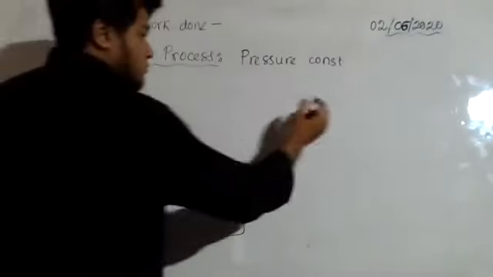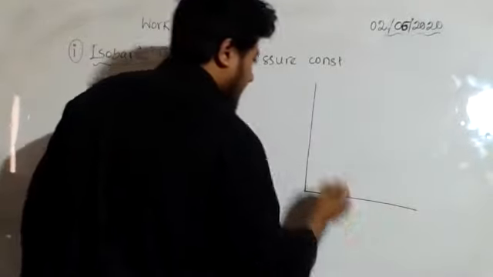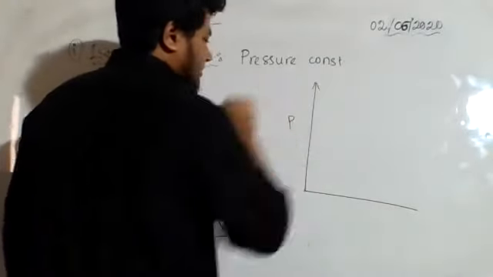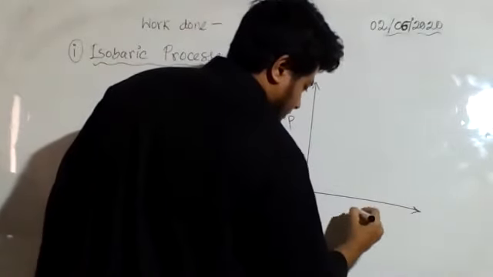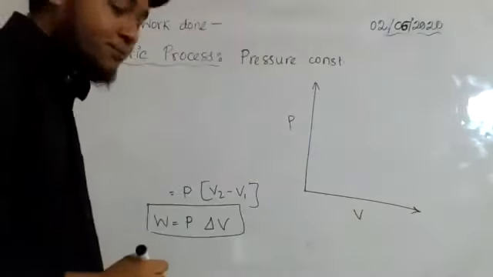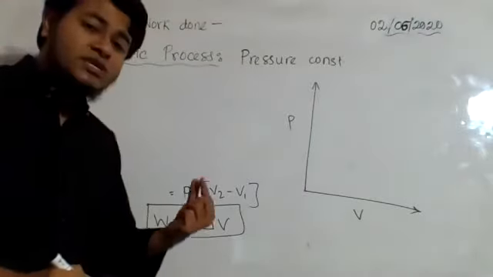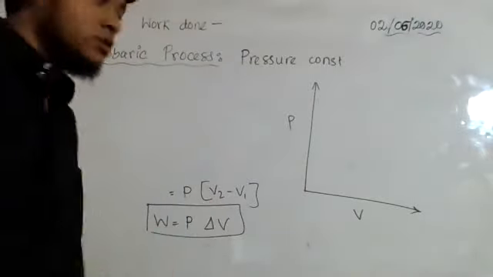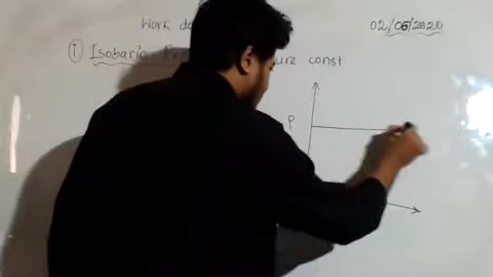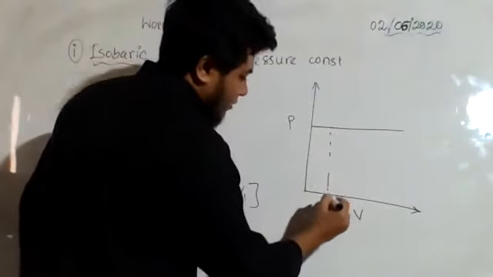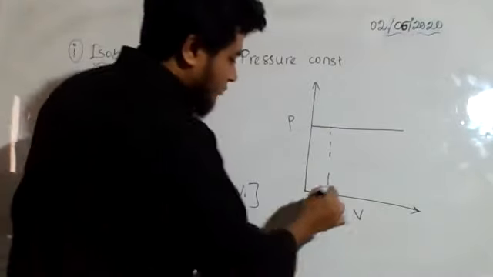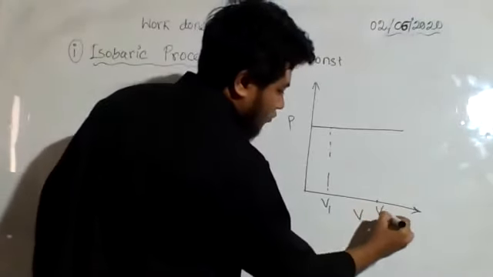Along the y-axis we used to take pressure, and along the x-axis we took volume, right? Now, the pressure is kept constant for an isobaric process. That means, let us say that initially our volume was V1 and we increased our volume to V2.